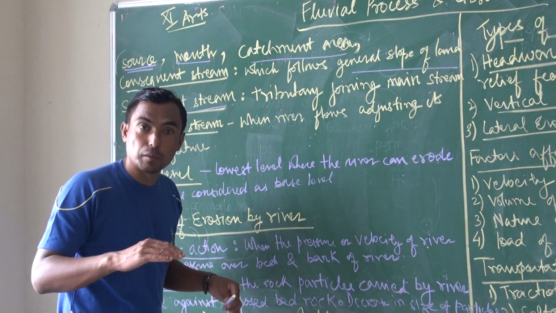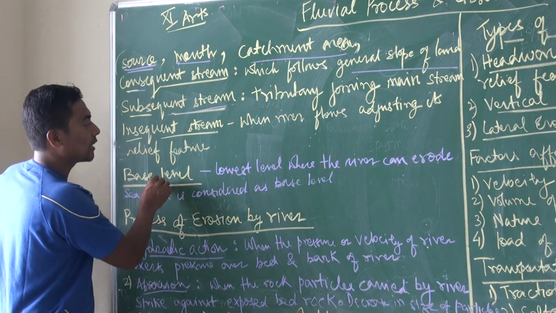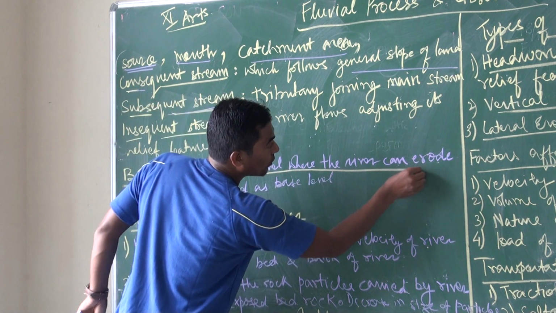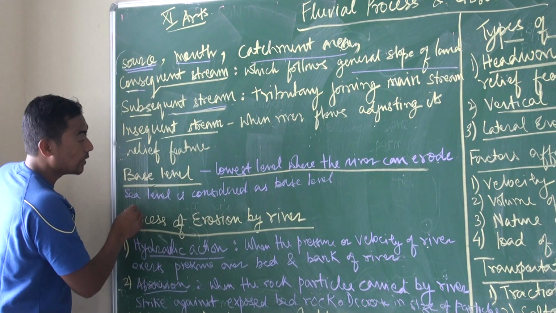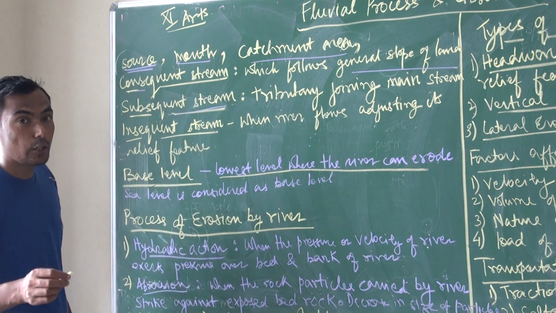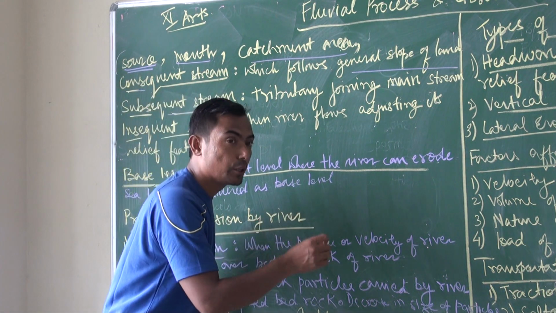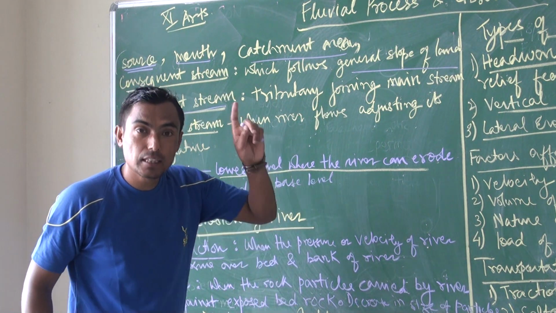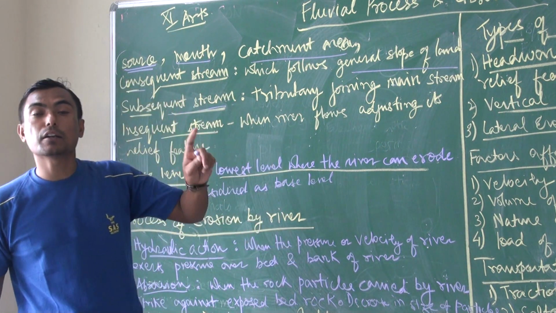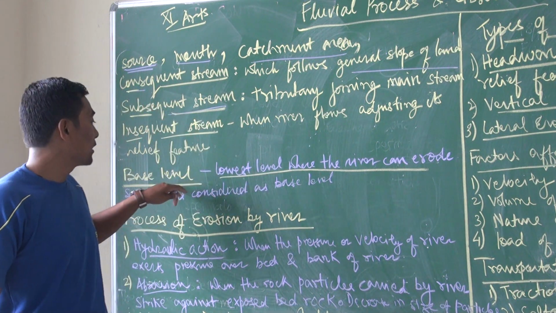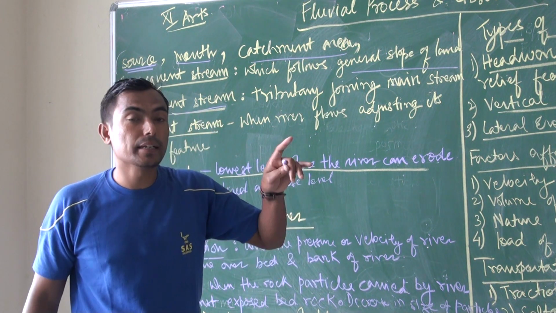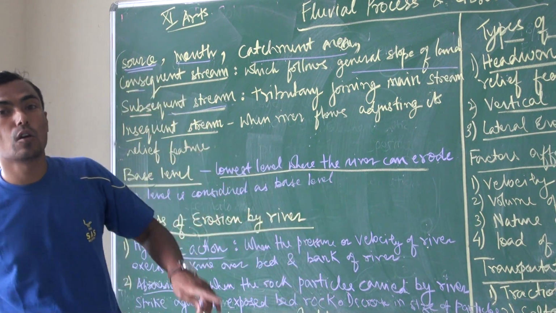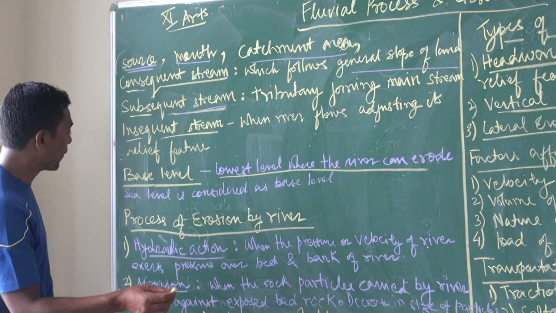is not possible. Therefore, base level means the lowest level where the river can erode. It means further beyond the base level, the river cannot erode. When the particular base level is attained by the river, that area is called the base level.